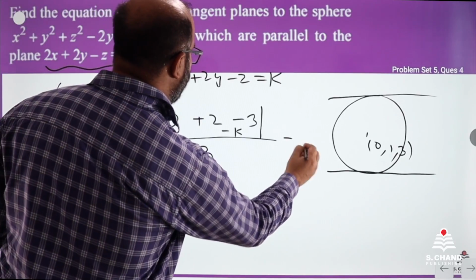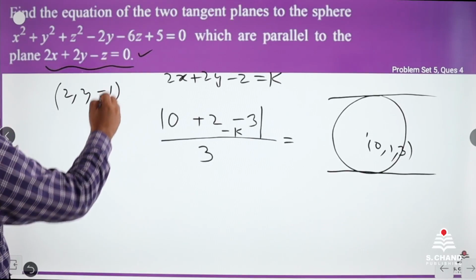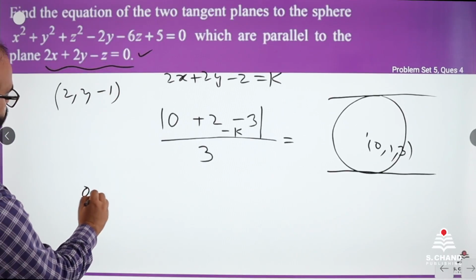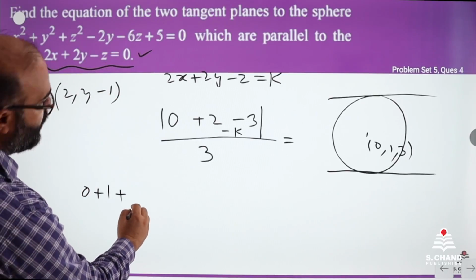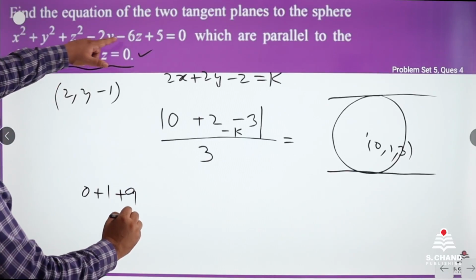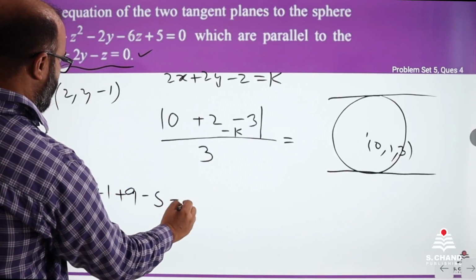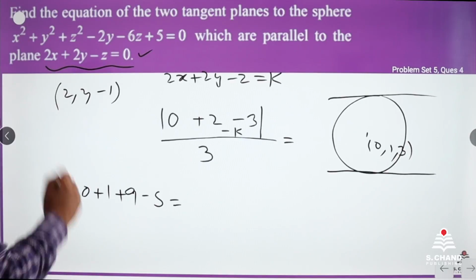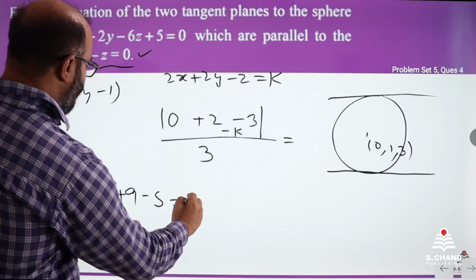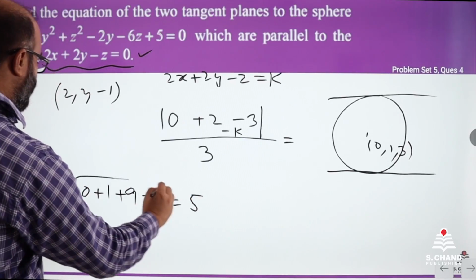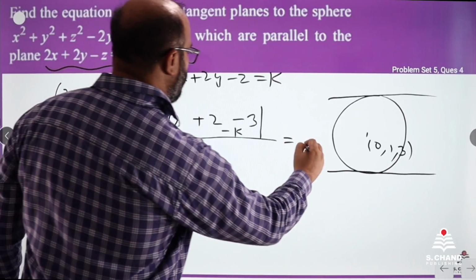What will be its radius? So radius is root of g square plus f square plus h square minus 6, so minus 5. So that will be equal to this, and this will be 5 finally. So root over this is the radius. This is root 5.